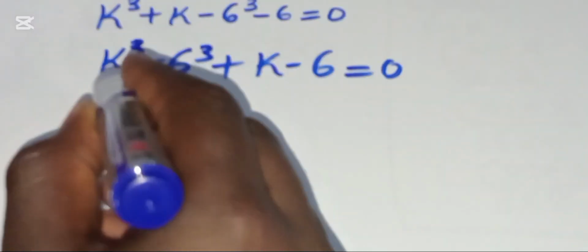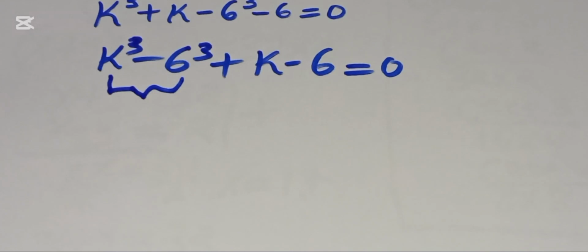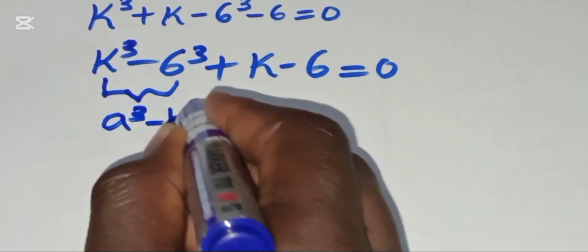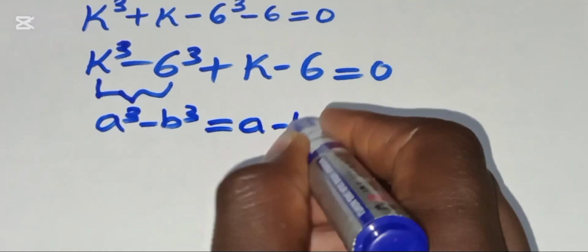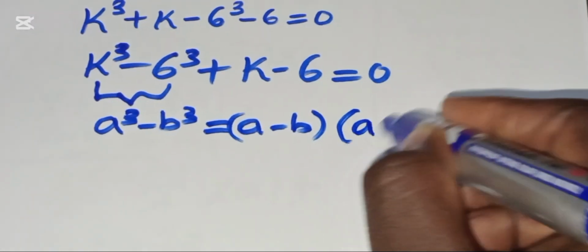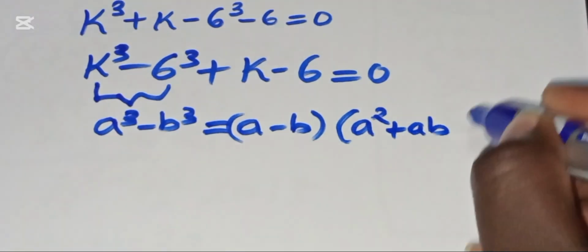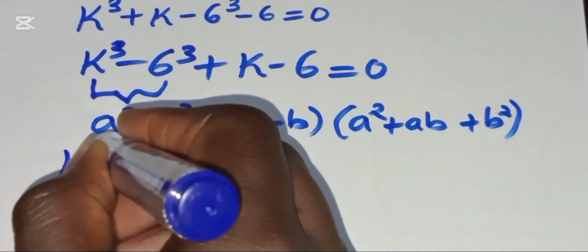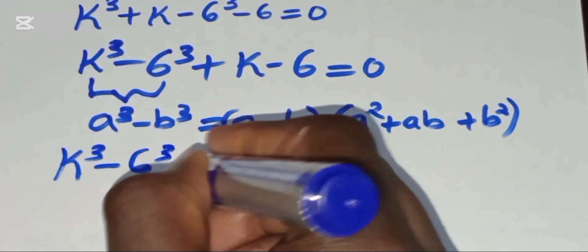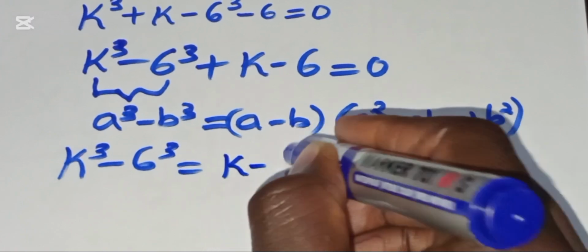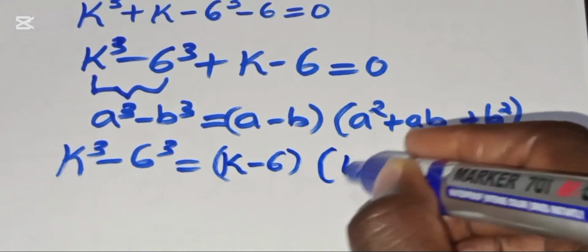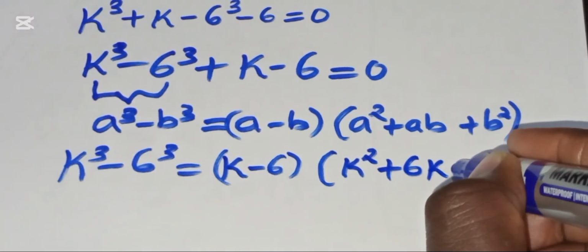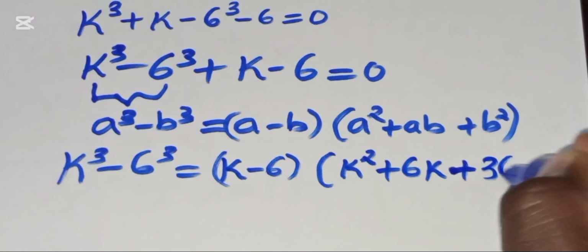Okay, so as you can see, k cubed minus 6 cubed, this is the difference of cubes expressed as a cubed subtract b cubed, which is equal to a minus b, a squared plus ab plus b squared. Okay, so that you have k cubed subtract 6 cubed, this is equal to k minus 6, so that you have here k squared plus 6k plus 6 squared, which is 36.